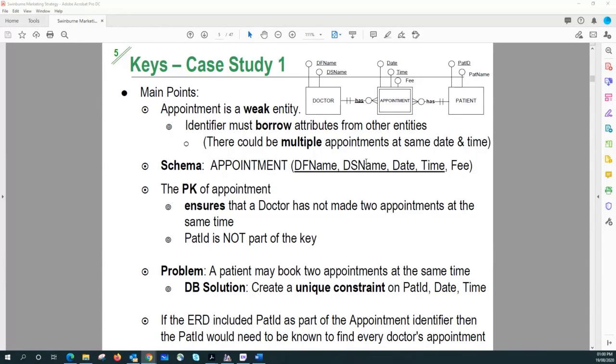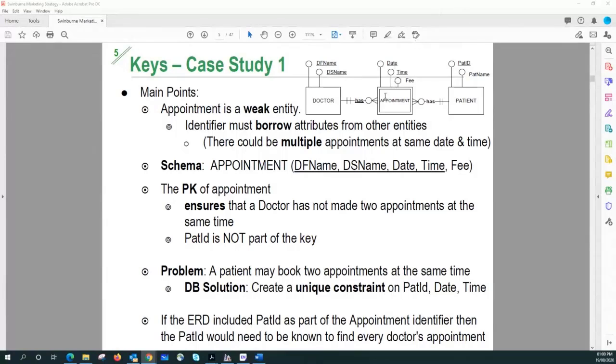So Shenal, you say in this case, even without the unique constraint, the primary key will do its job. The primary key will do its job, but there is a problem. How are you going to make sure the patient is not booking the same date, same time twice? That is a problem, right?